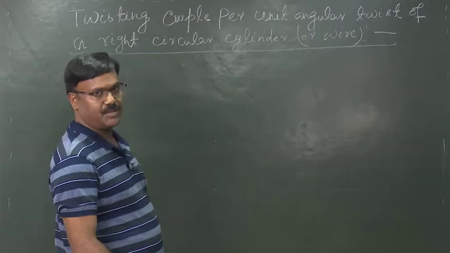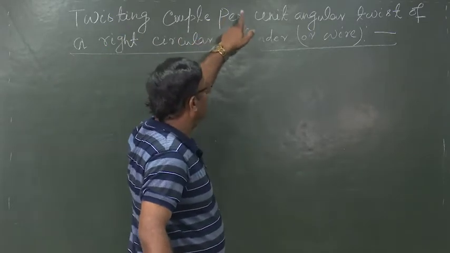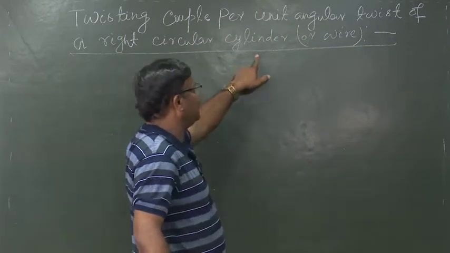It is a very important topic. We have to find out the twisting couple per unit angular twist of a right circular cylinder or wire.